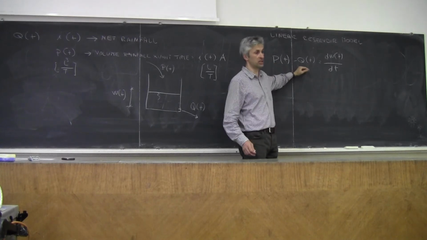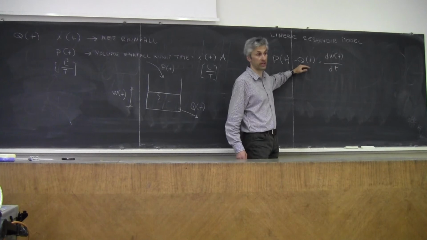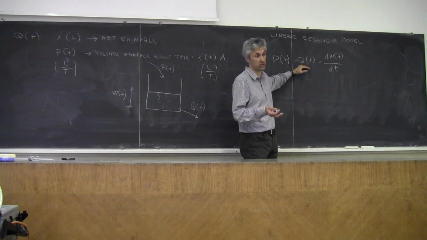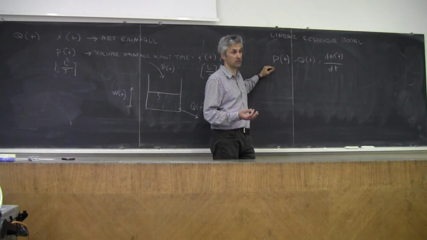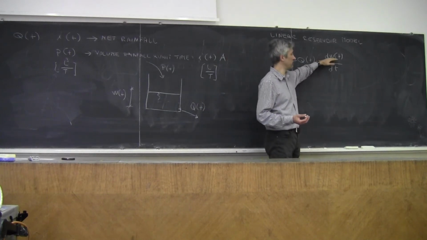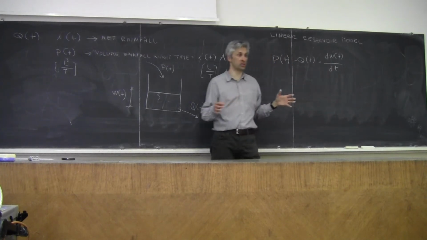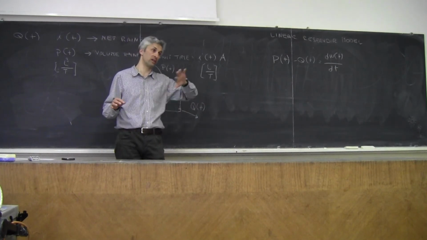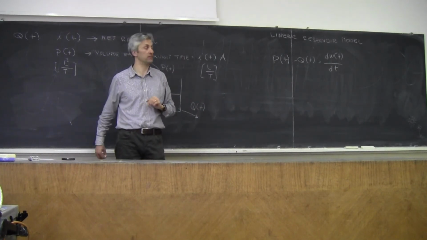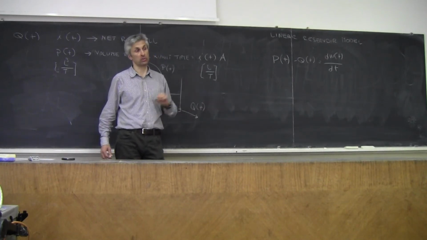Remember that Q(t) is a volume per unit time of water at the closure of the catchment, a river flow, a river discharge. P(t) is volume of rainfall per unit time. And here we have a volume over time, so the dimensional analysis is coherent between the left-hand side and the right-hand side. Okay, that's fine.